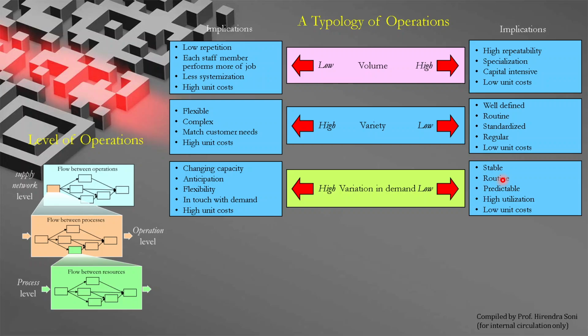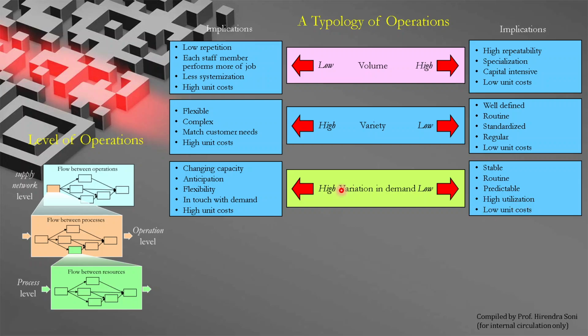So it is practically stable. When variation in demand is low, the operations would be quite stable, routine, predictable, will have higher utilization, and will have a low unit cost.